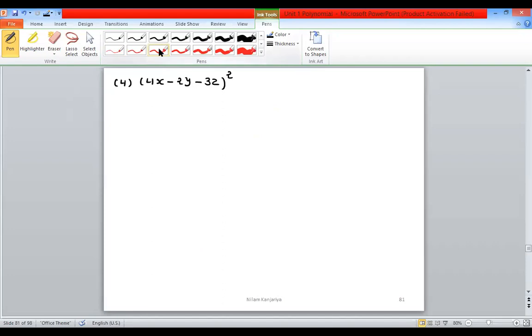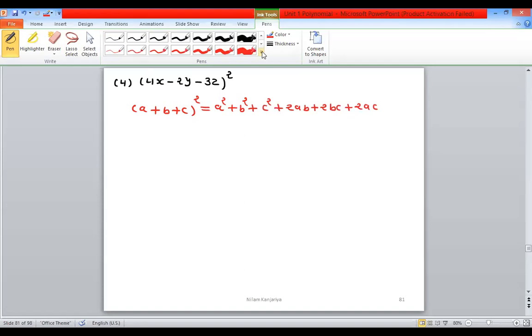So which identity do we use here? We know I have only the positive identity, then what happens? This is a plus b plus c whole square. It is written like a square plus b square plus c square plus 2ab plus 2bc and 2ac.